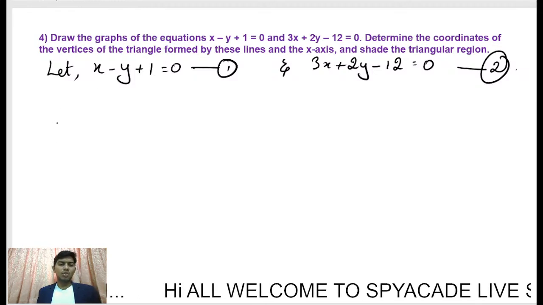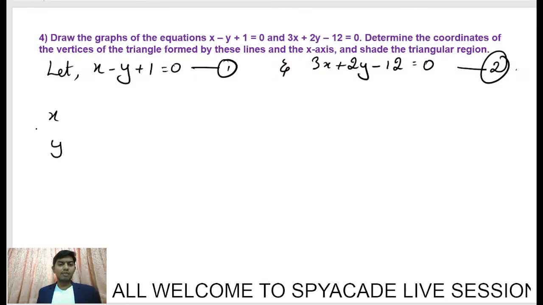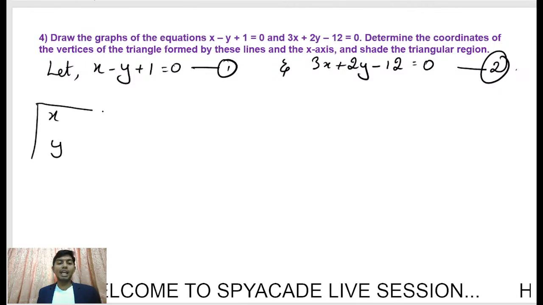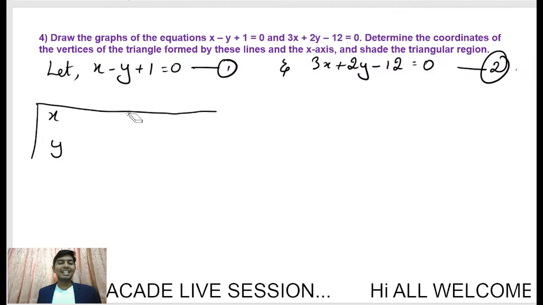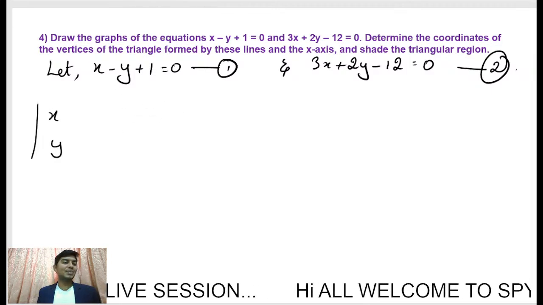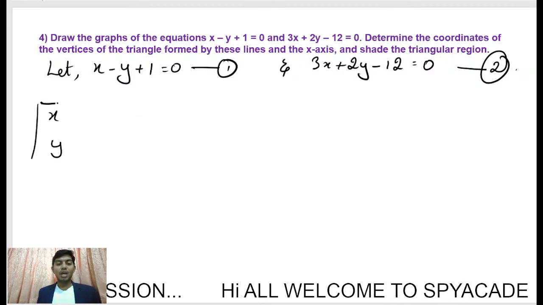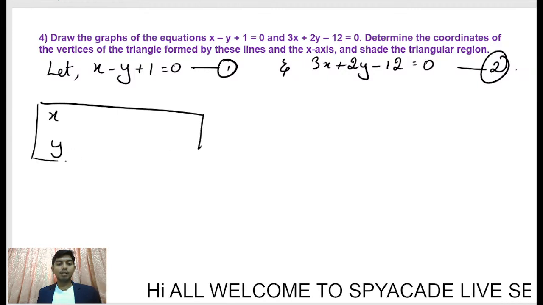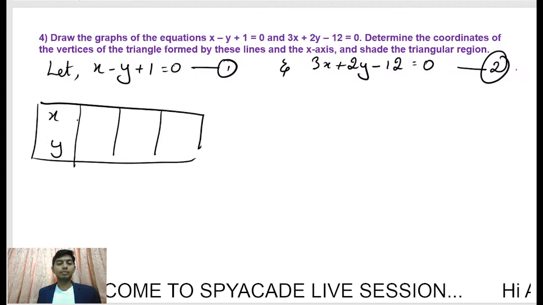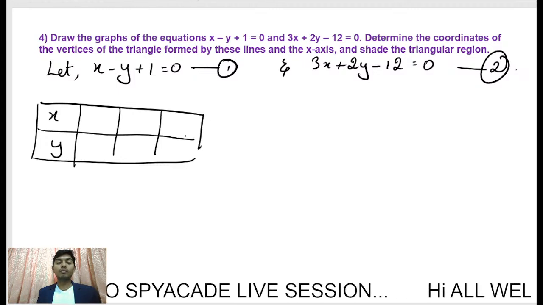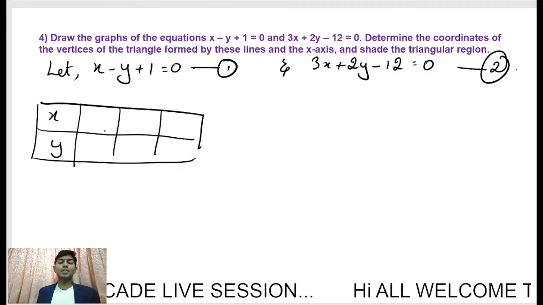So let x, y, we have to make one small table using a scale and pencil, like this. Now you can substitute some numbers.